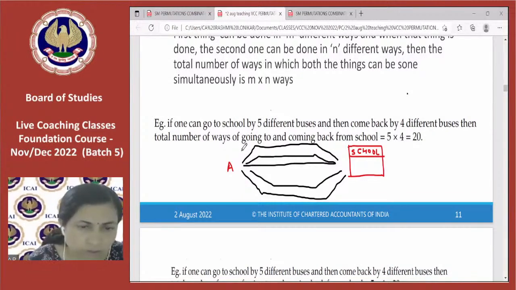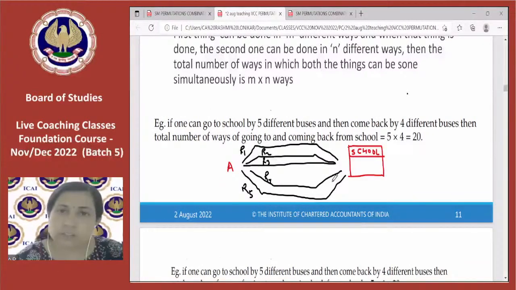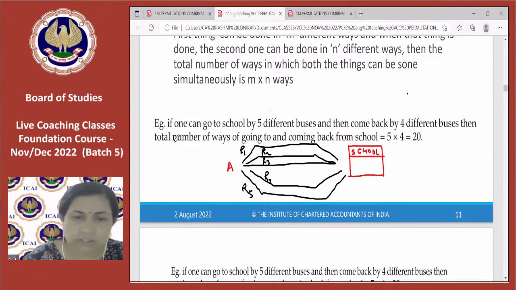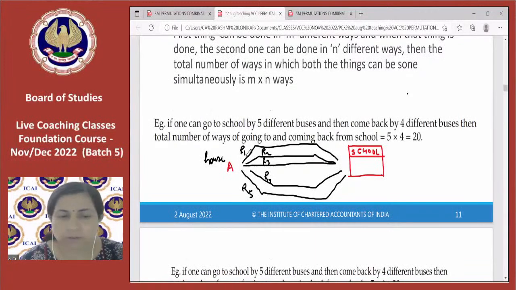So this is road number 1, this is road number 2, this is road number 3, road number 4, and road number 5. These are the roads in which he can go. So these are 5 roads, or you can say these are 5 buses he can take while going from his house to school. He can take any of these buses: route number 1, R1 bus route, R2, R3, R4, and R5.